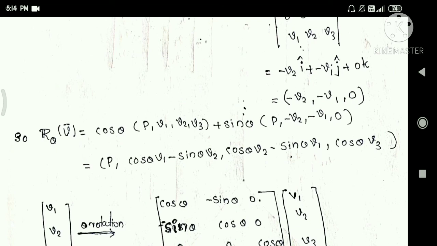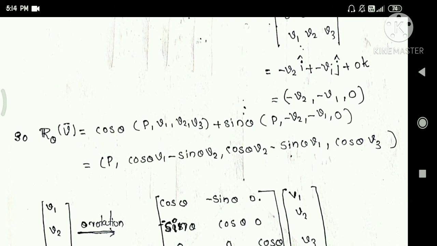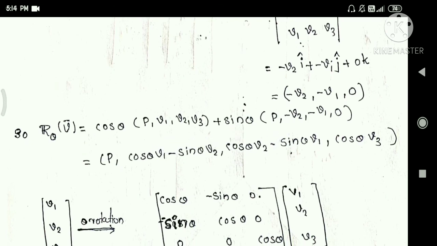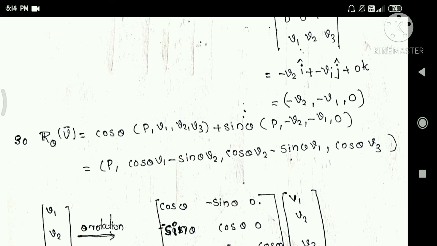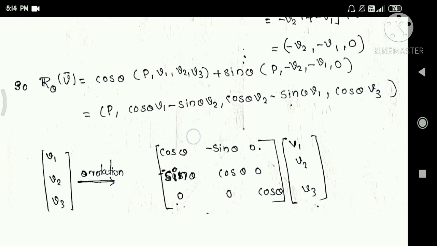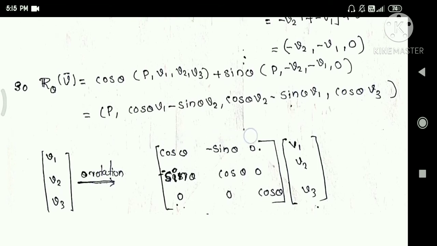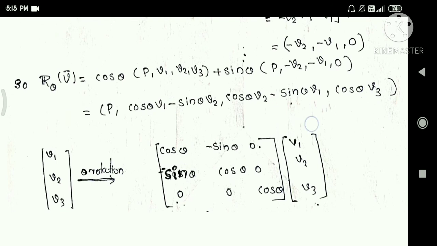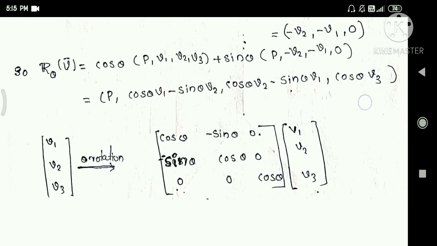Hence, r theta of v is equal to cos theta p v1, v2, v3 plus sin theta p minus v2, v1, 0. And it is equal to p cos theta v1 minus sin theta v2, cos theta v2 plus sin theta v1, cos theta v3.